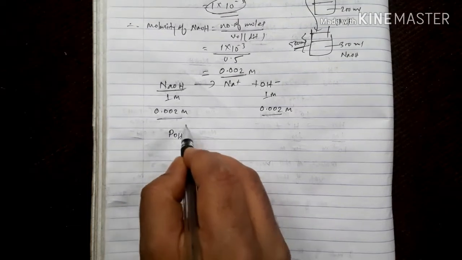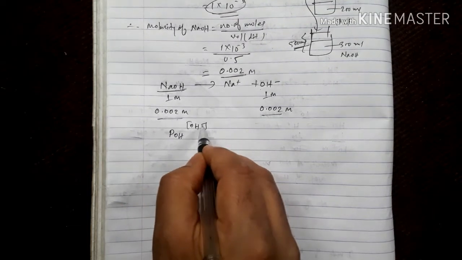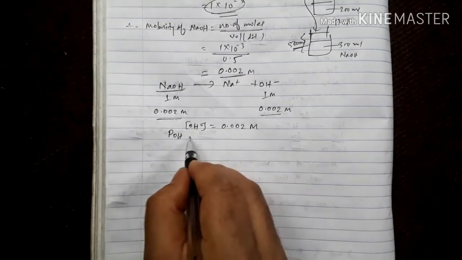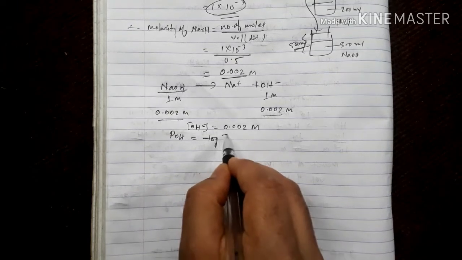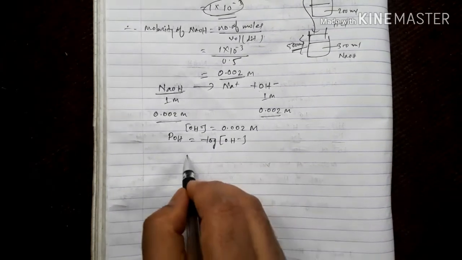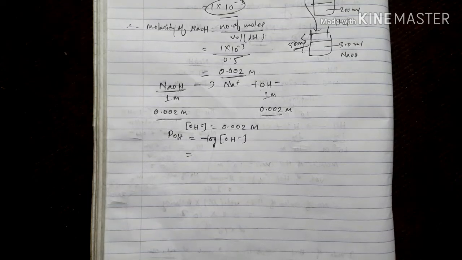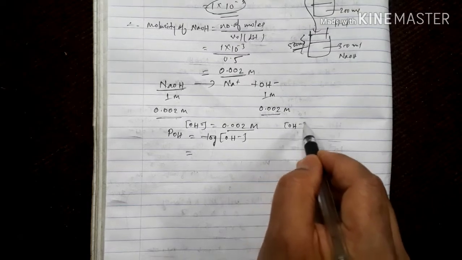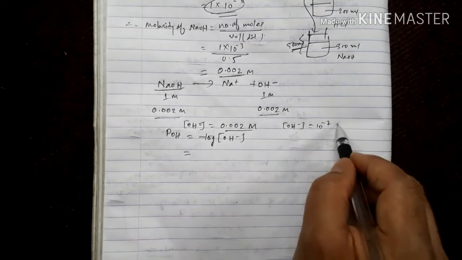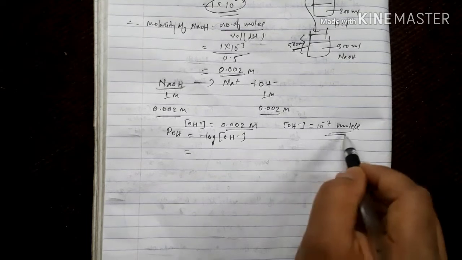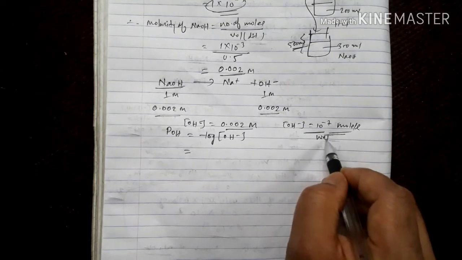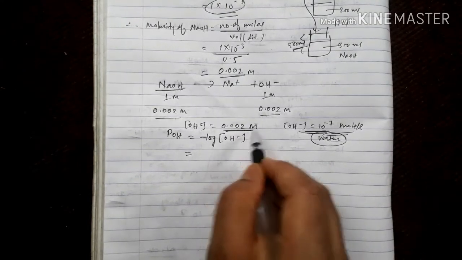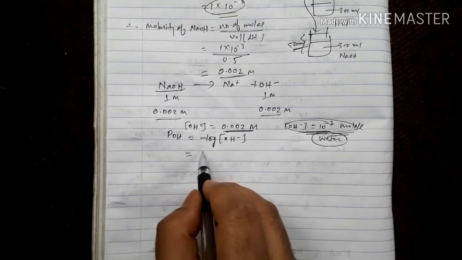Now here you have the concentration of OH minus, 0.002 moles per liter. Here we do not consider the OH from water, because OH from water is 10 to the minus 7 moles per liter, which is very low in comparison to this value. That's why you can neglect this value.